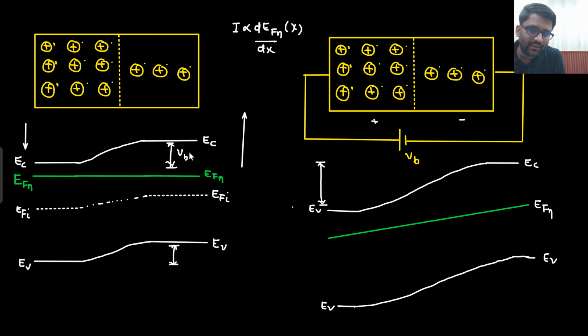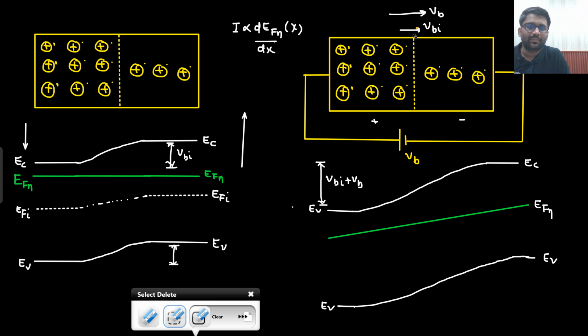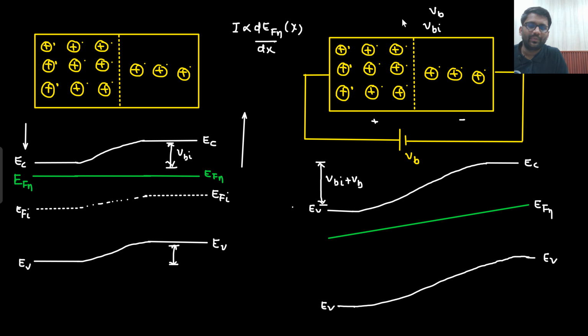But now this barrier has become V built-in plus VB, because this applied electric field is supporting the built-in potential. Potential is simply a potential, so I should not make it with an arrow but with plus and minus. This plus minus is being added with plus minus, which means both are supporting each other.